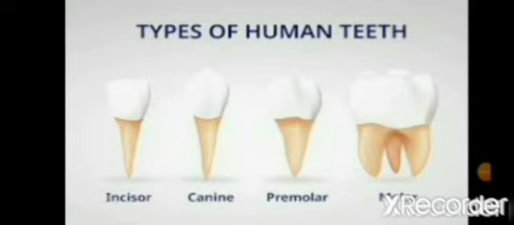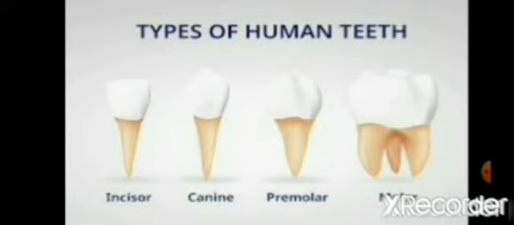Types of human teeth. Human beings have two sets of teeth in their lifetime. The first set of teeth is called milk or temporary teeth, while the second set is called permanent set of teeth. All babies are born without teeth. The first tooth appears when the baby is 6 to 7 months old.